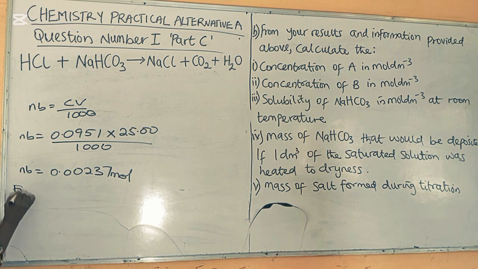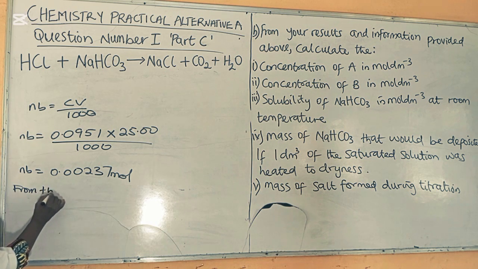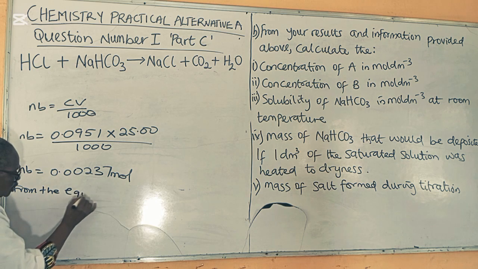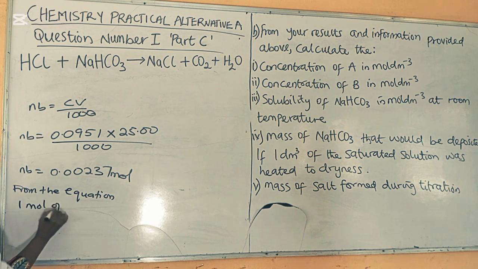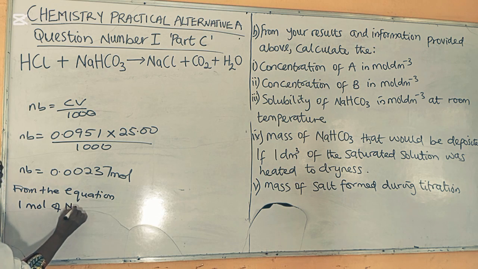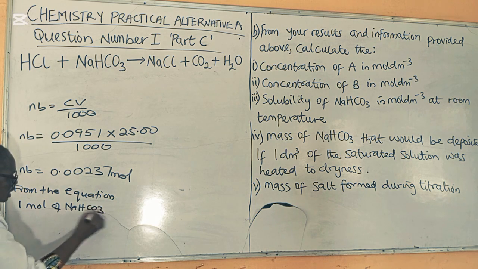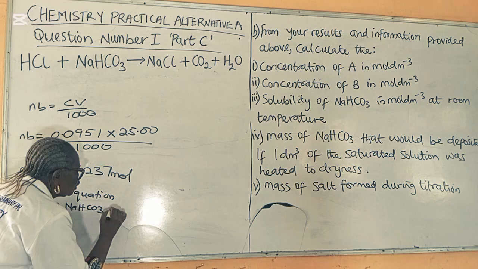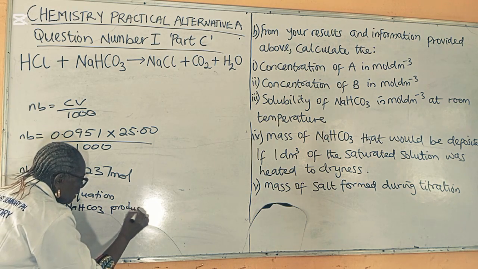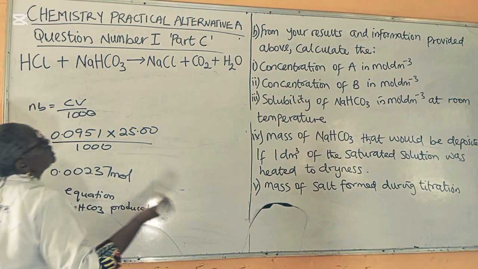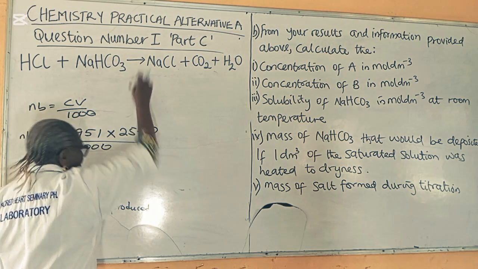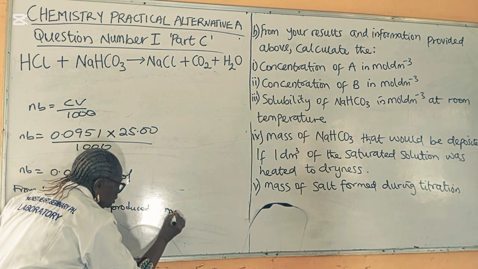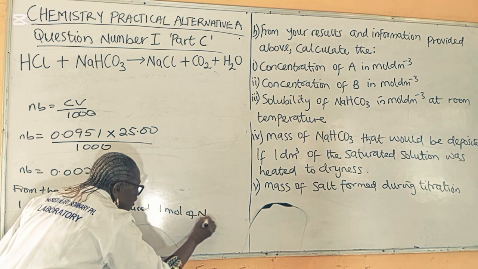So, can we go ahead now to our balanced equation? I start from the equation. 1 mole of NaHCO3 produces, remember this is stoichiometry, how many moles of the salt? 1. You can see 1, which is 1 mole of the salt.